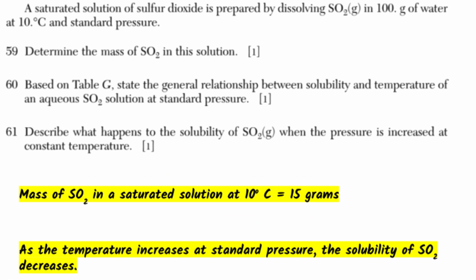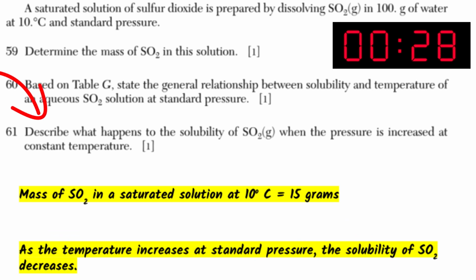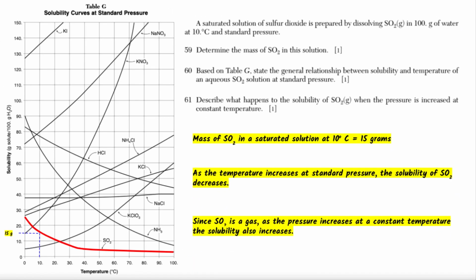Finally, determine what happens to the solubility of sulfur dioxide gas when the pressure is increased at a constant temperature. So since SO2 is a gas, as the pressure increases, the solubility should also increase.